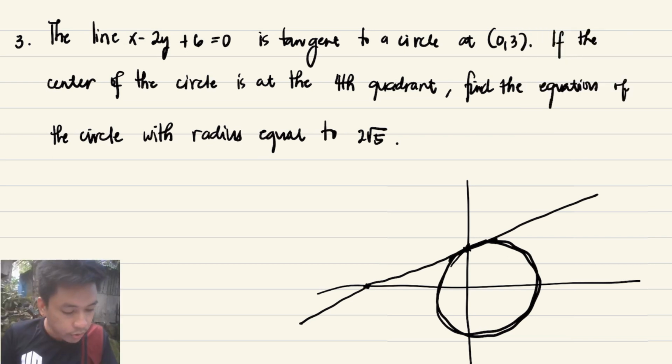If the center of the circle is in the fourth quadrant, it means the center is somewhere here. To make it more realistic, the circle looks like this. Find the equation of the circle with radius 2√5.